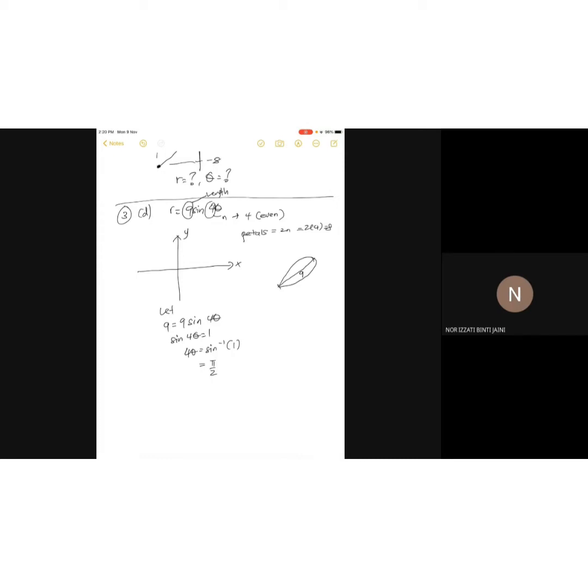Pi per 2 bagi 4 lah nanti. Okay, so sekarang ni awak ingat macam ni je. Even tadi 2n kan. And then pertambahan petals dia untuk even ni, setiap petals dia akan bertambah pi. Maksudnya daripada sini ke sini dia akan tambah pi lagi. Kita dapat 3 pi per 2.